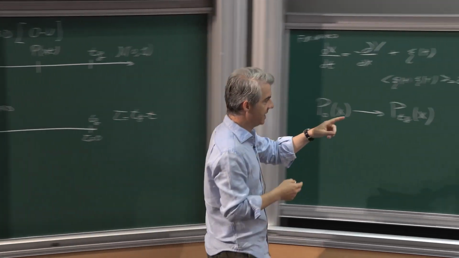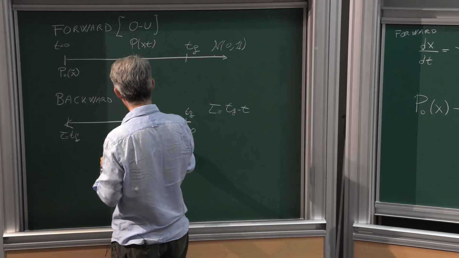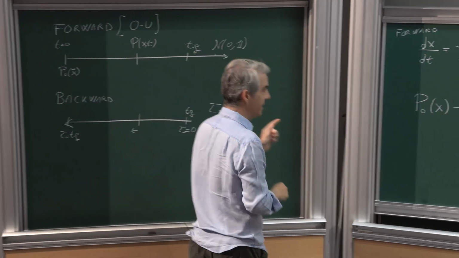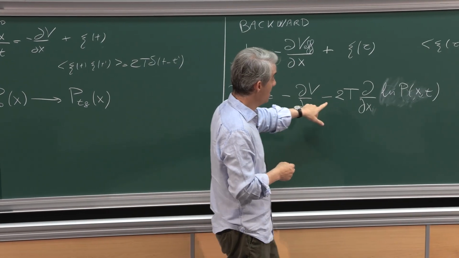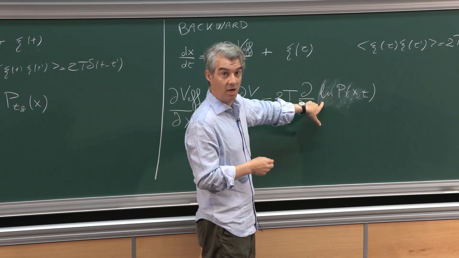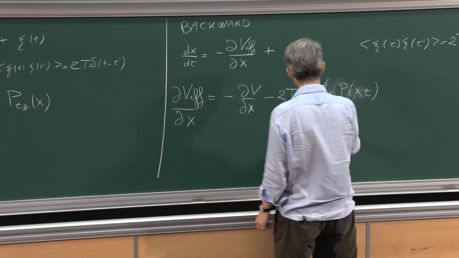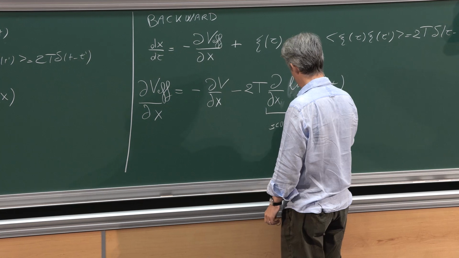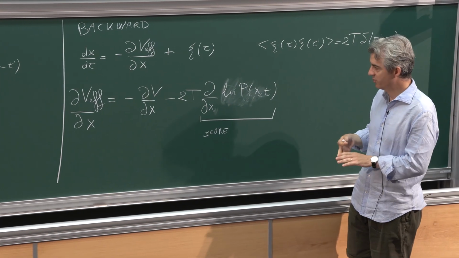And what this is telling you is that the force that I have to use when I'm here to go back, I can construct it: it is minus the force that I have in the Langevin equation, minus 2 times the temperature, and then the gradient of the log of that probability distribution. And this thing is what is called the score function. That's a result that I'm now going to prove.